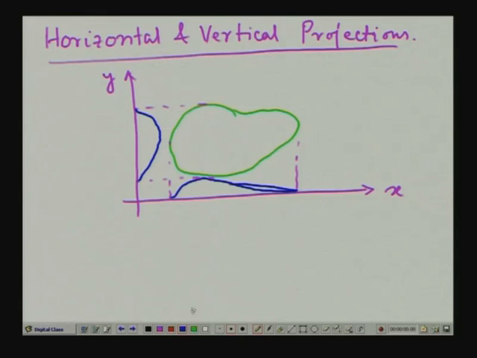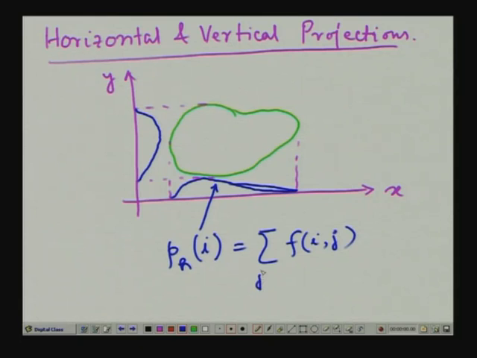This horizontal projection I call PHI, and this can be computed by a simple expression, the summation of Fij, where j varies over its range and the summation has to be done over this variable j. That means I have to take the summation along a particular column.